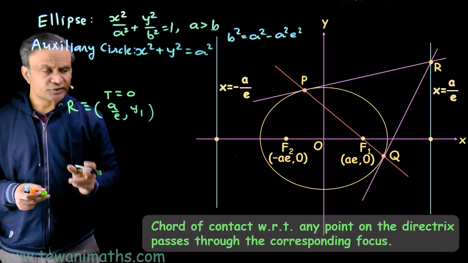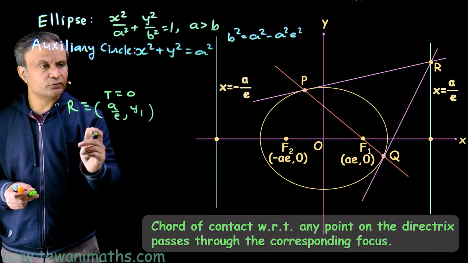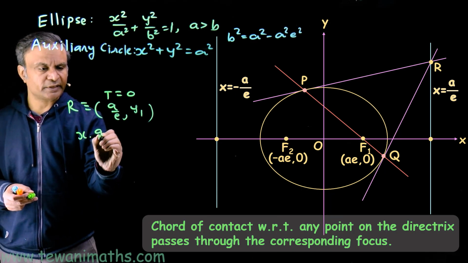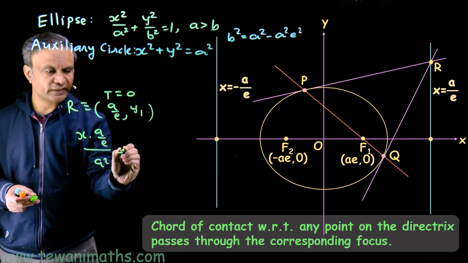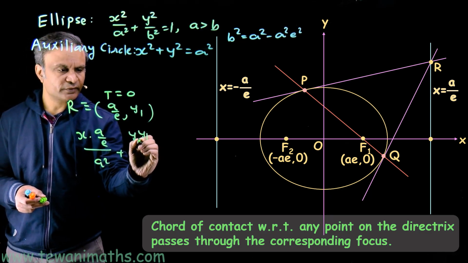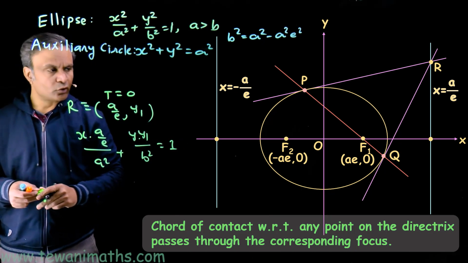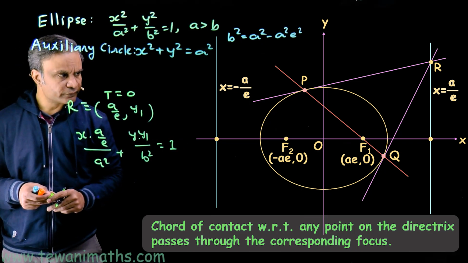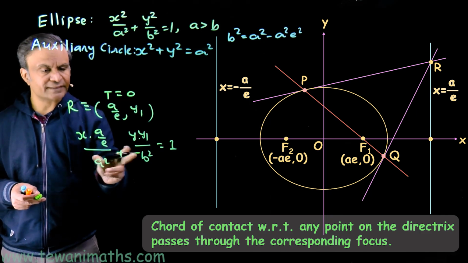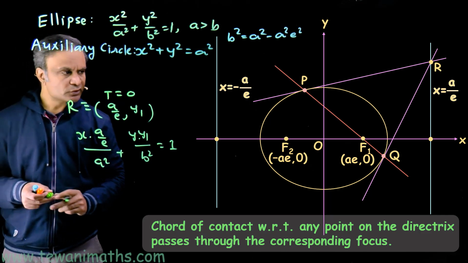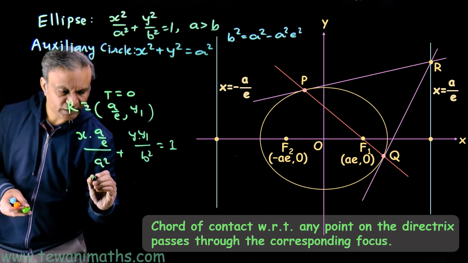So the equation of the chord of contact to the ellipse with respect to this point will be x multiplied by a upon e over a square plus y y1 over b square is equal to 1. Now the chord of contact passes through focus F1 if point F1 satisfies this equation. So we put the coordinates of point F1 in this equation.